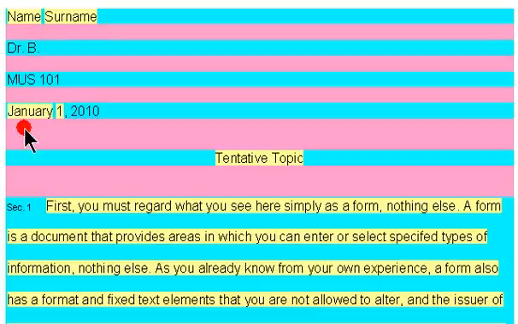Trust me. Take a look at the third and the fourth text boxes. There's one for the month and there's one for the day, and they are separated by a space. The reason that they are separated is quite simple. You know that a month is not a day, and a day is not a month. And finally, there is a text box for your tentative topic, one of the things that you had to do for the preliminaries for this assignment.